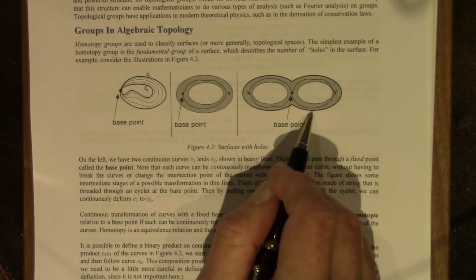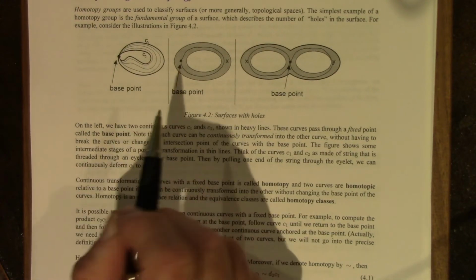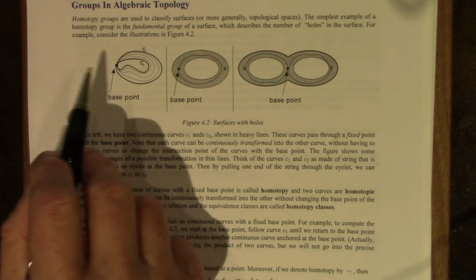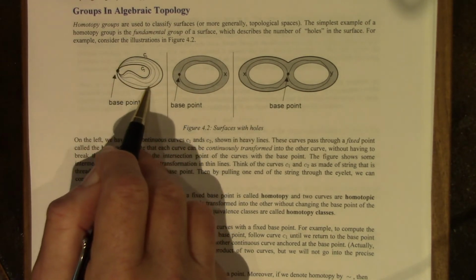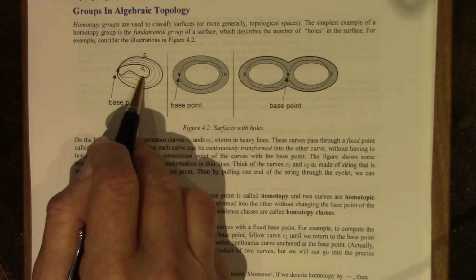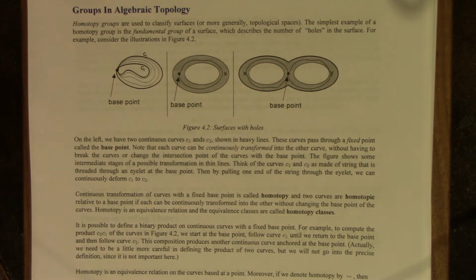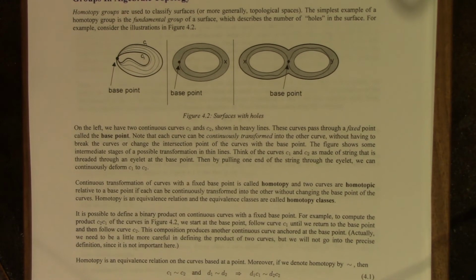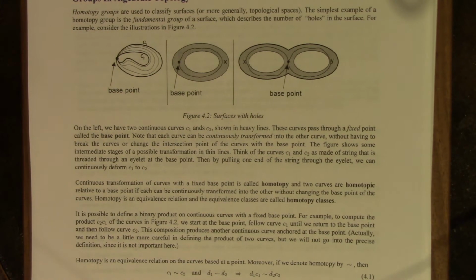Consider these illustrations here. On the left, we have two continuous curves, denoted by the thick lines. The outer curve is this one, and the inner curve is this one here. I called them C1 and C2. These curves pass through a fixed base point, so they're anchored there.